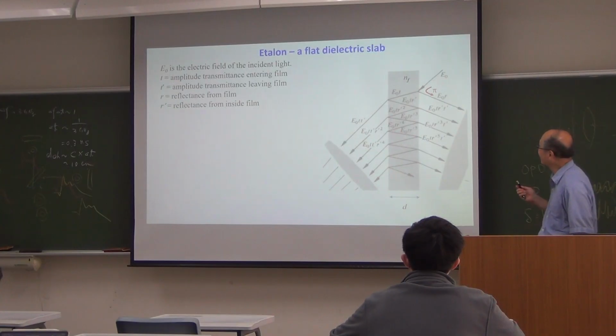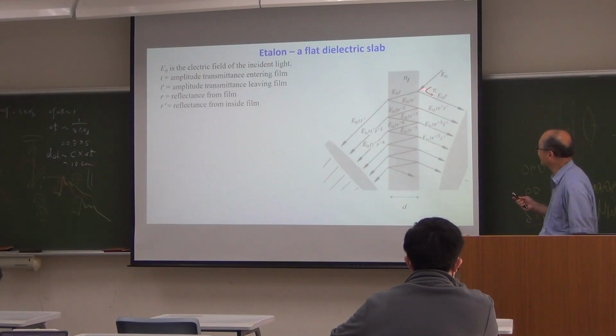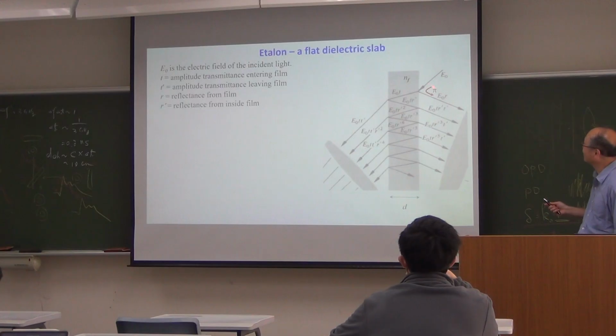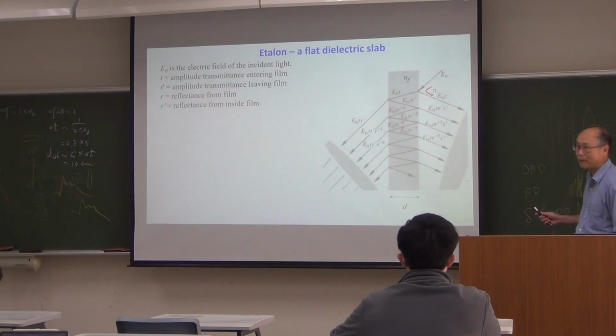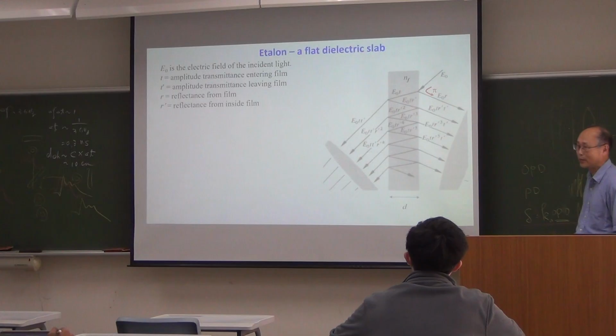There's an external reflection right here, and when you deal with the external reflection, you need to be careful about the additional pi phase shift in the process. For this setup, the first beam has a pi phase shift, but all the others are internal reflections.